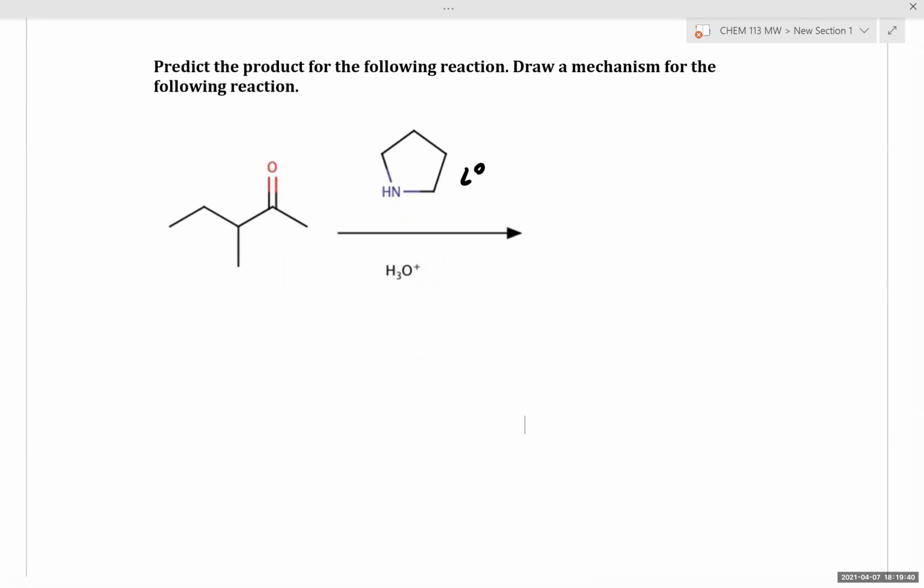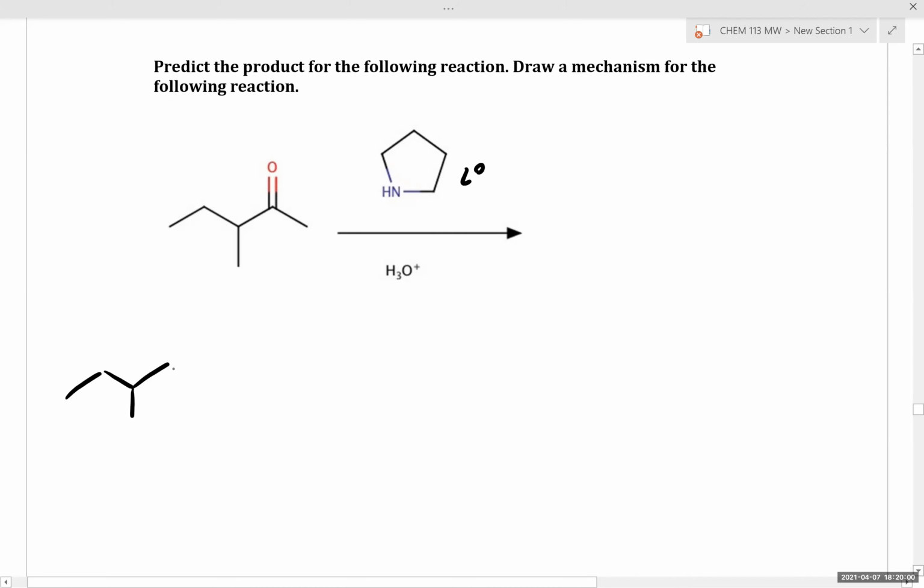The reason why you don't form an enamine inside your ring or using the alkyl groups attached to your amine, it's not just due to strain, it's also due to electronic effects. And we'll talk about that in a moment.